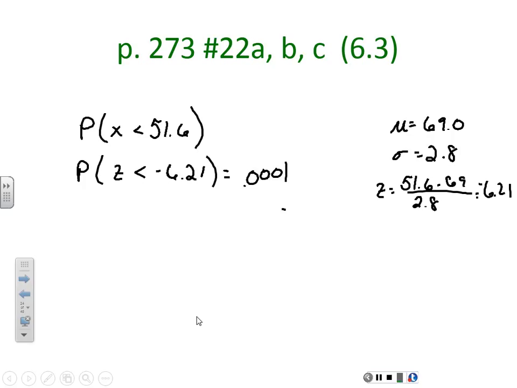So that's the first part of the question. If we look at part B, what percentage of adult women can fit through the door without bending? For women, am I going to use the same mean and standard deviation? No, because women don't have the same mean and standard deviation. The mean height for a woman is 63.6 inches, and the standard deviation for women is 2.5 inches.